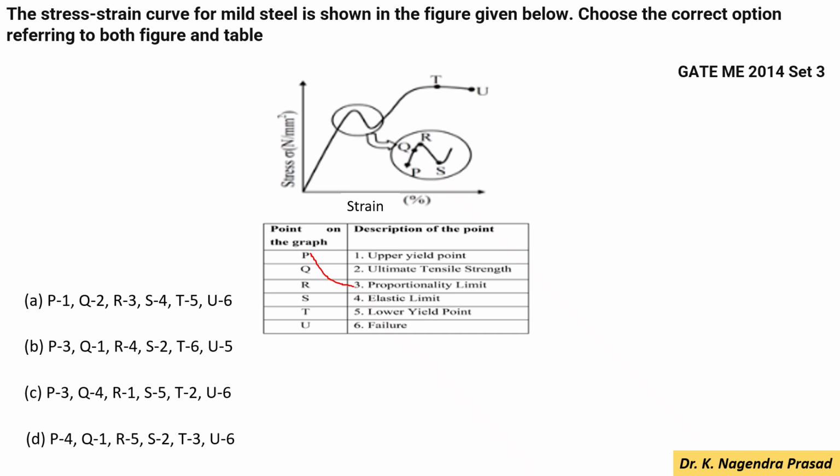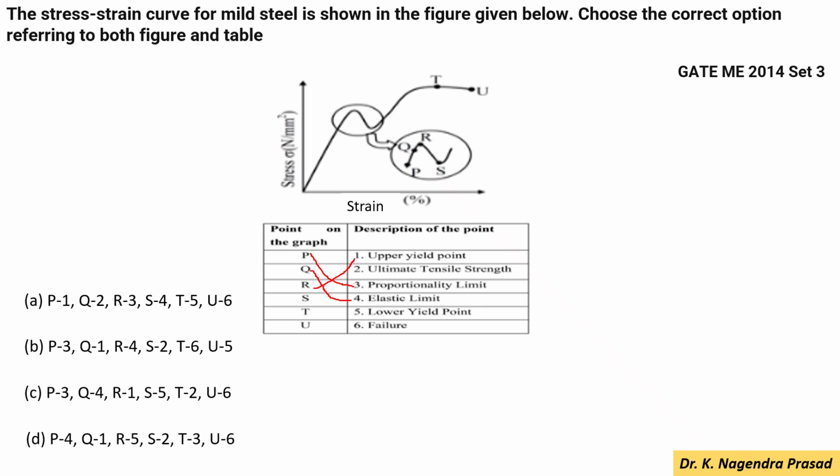So Q is the elastic limit, that is the fourth one. Next one is the yield point. So R represents the upper yield point. R belongs to 1, the upper yield point.